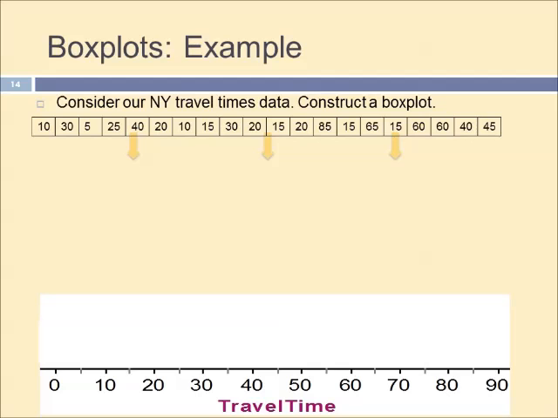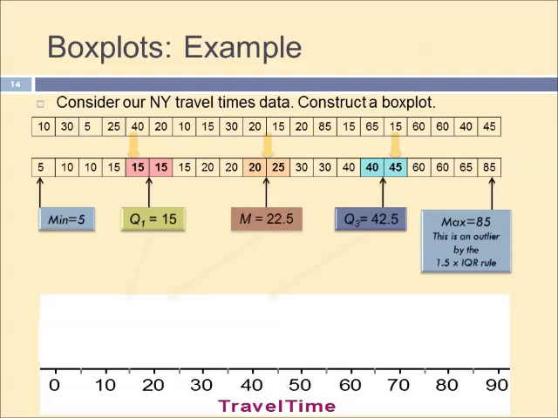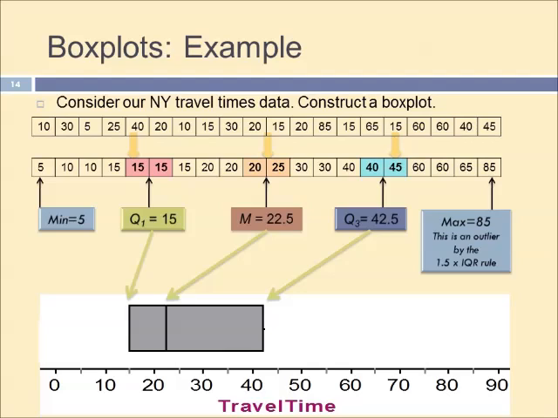So now we're going to construct a box plot for the New York travel times. We find the median, the quartiles, the five-number summary. Even though the maximum value, 85, we determined was an outlier, we're not going to throw it away, but we're going to create the box plot without that value.